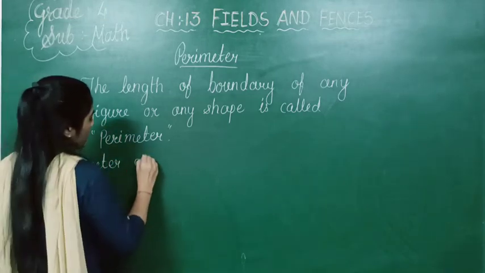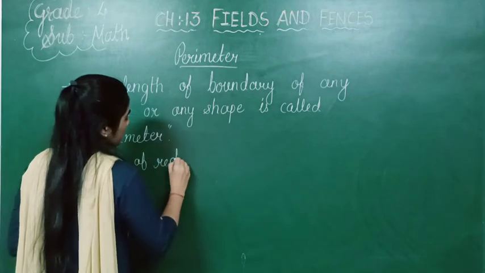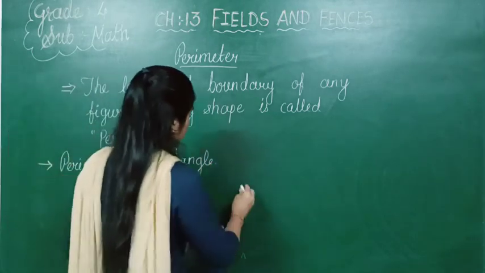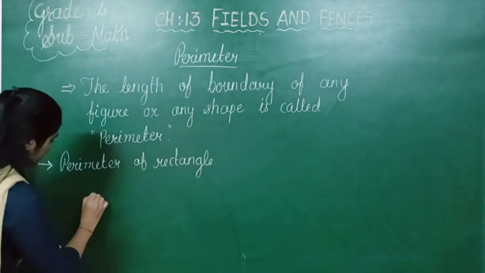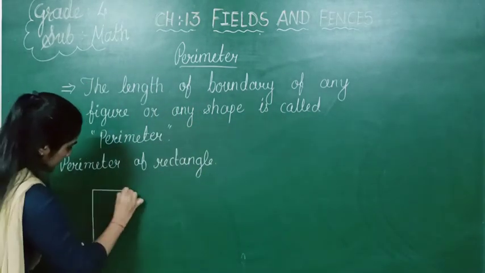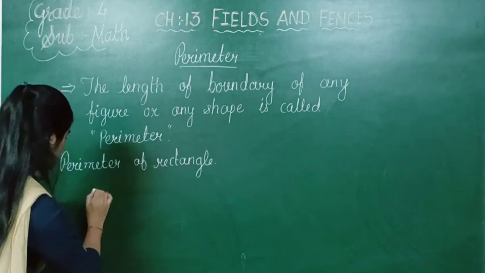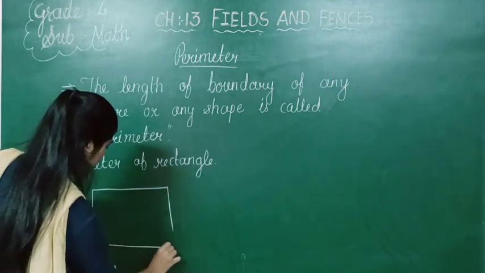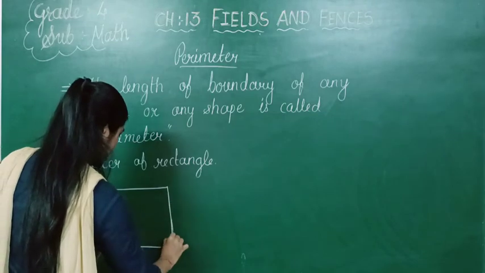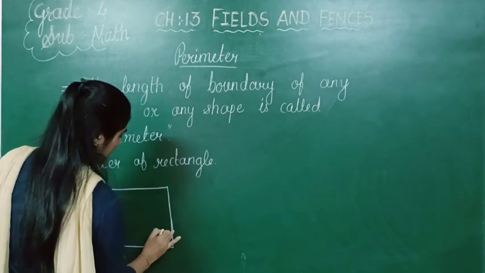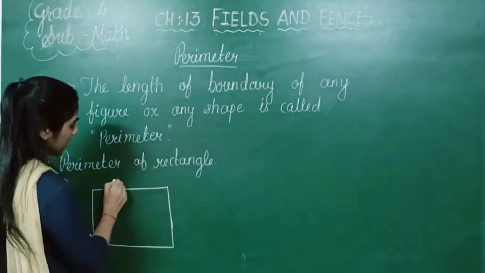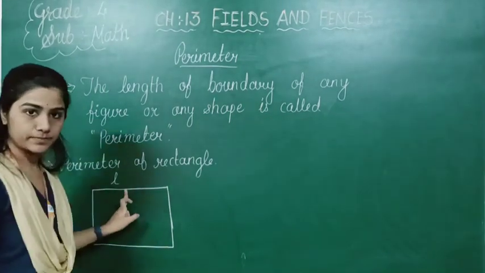Perimeter of a rectangle. Now the rectangle shape is not new for you. You know, right, that this shape is a rectangle. In the rectangle, these two sides are the same, and we are indicating this as the length, right?